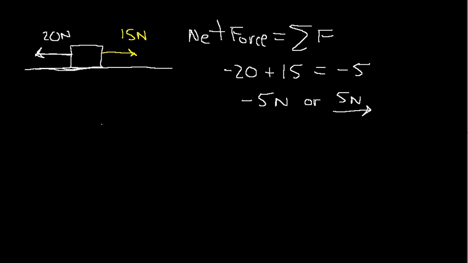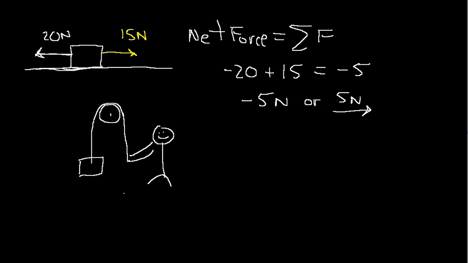Let's try another example. Let's say we've got a box here. It's attached to a rope, and the rope is going around a pulley, and somebody over here, our stick guy, is holding on to the rope with both hands and pulling upward on the box.